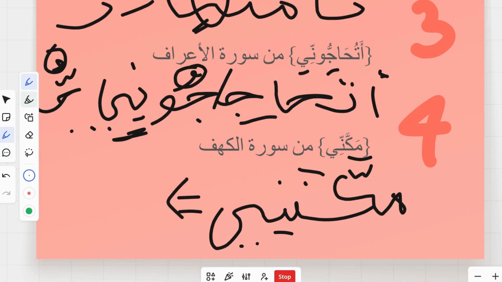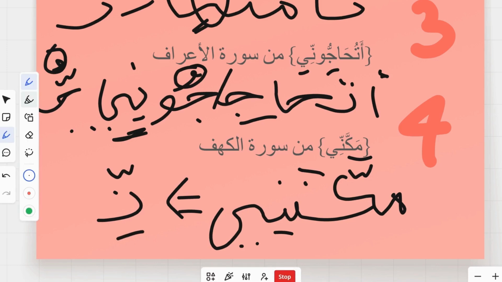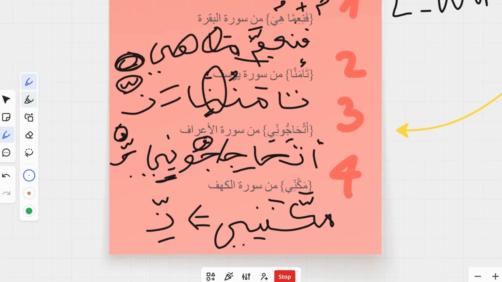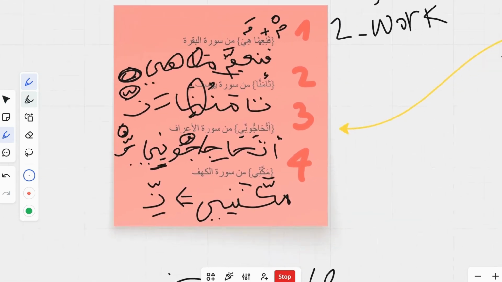They became na mushaddada min jins, that has the same trait as the second consonant, the second na, which is ee. مكني. مكني من سورة الكهف. And yeah, oh wow, خزعبلات, this looks like dark magic.